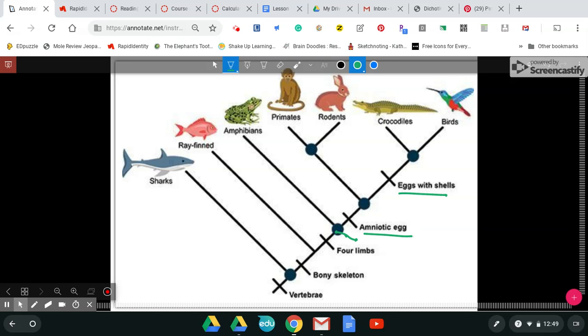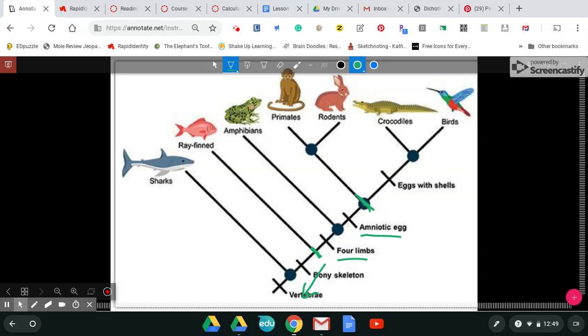I could also ask you, what trait does the primate have that the ray fin fish doesn't have? Notice that here's your fish, and that's where it stops. So it has everything below it, but nothing above it. Here is your primate. That means the primate has an amniotic egg and 4 limbs.